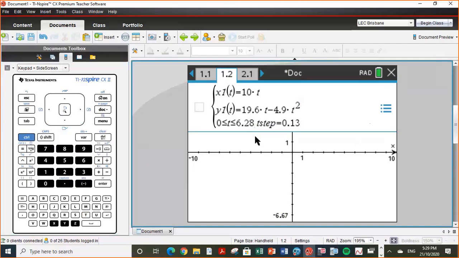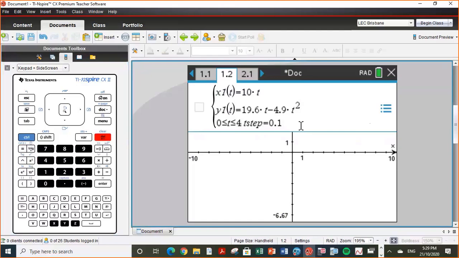Now, we're not dealing with trig functions here, and knowing that the particle is moving over a period of 4 seconds, I think we could delete the 6.28, change that to a 4, and for the t-step, because we've got a 19.6 and a 4.9, it might be a good idea to have a t-step of 0.1.